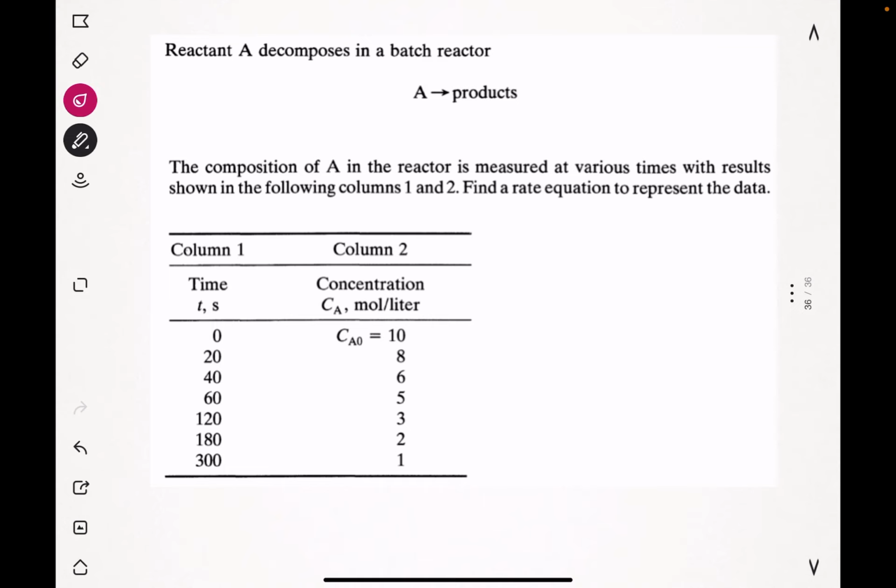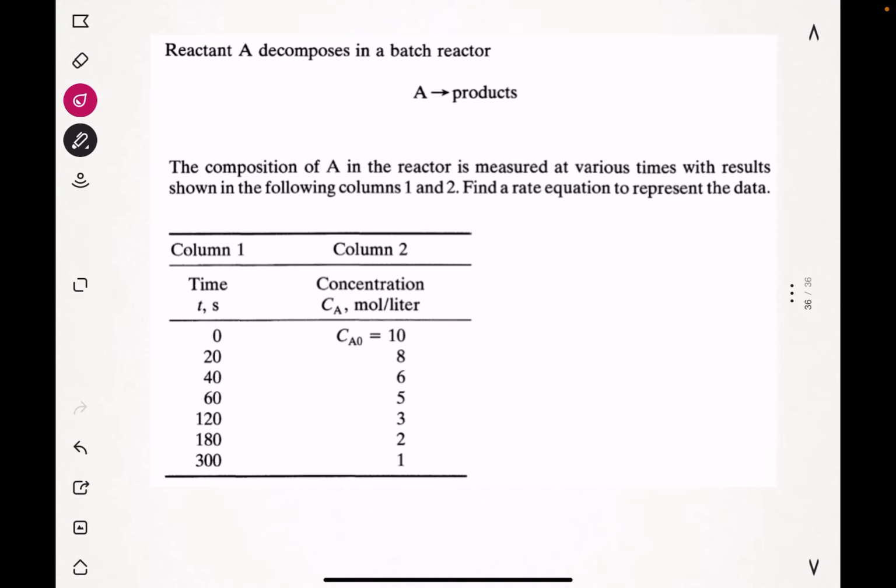We do not know whether the reaction is elementary or non-elementary. We have the overall reaction for the system. So A is the reactant, and we can have one or two products or multiple products out of this reaction.